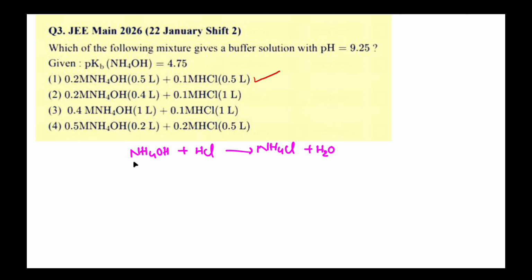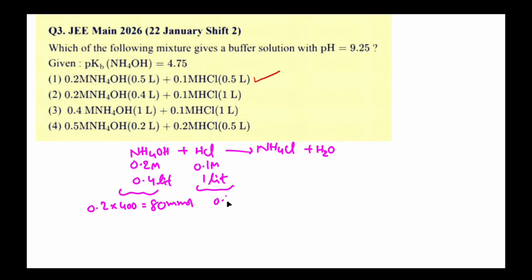In the second option they gave 0.2 molarity of NH4OH treated with 0.4 liters, and 0.1 M HCl treated with 1 liter of HCl. So convert into millimoles, 0.2 into 400 milliliters, that is 80 millimoles.